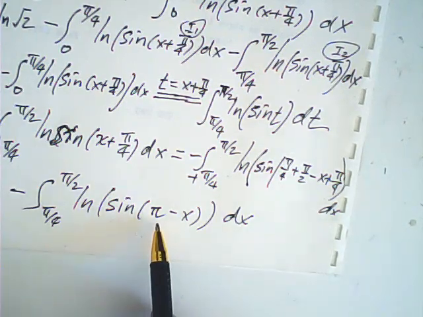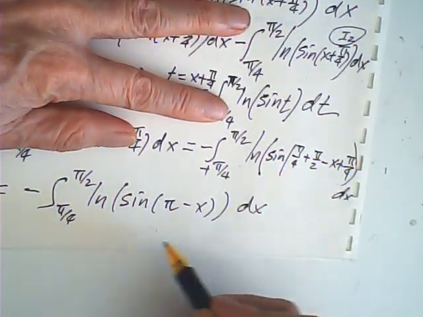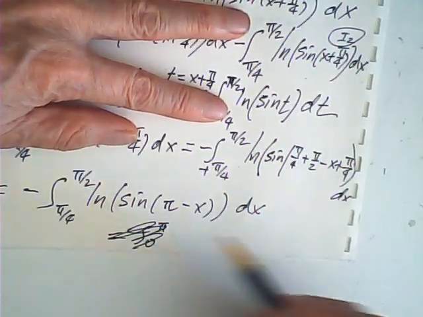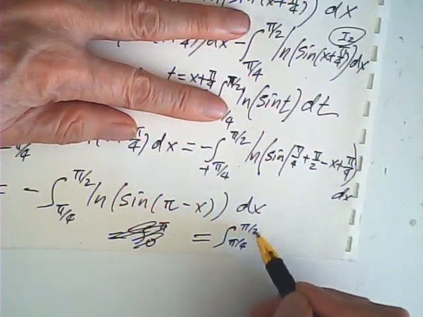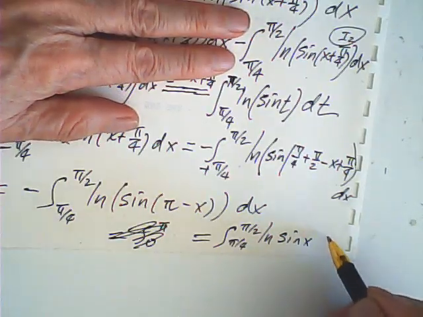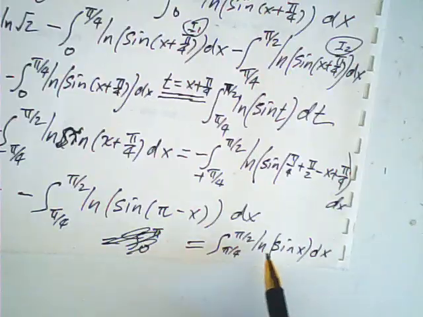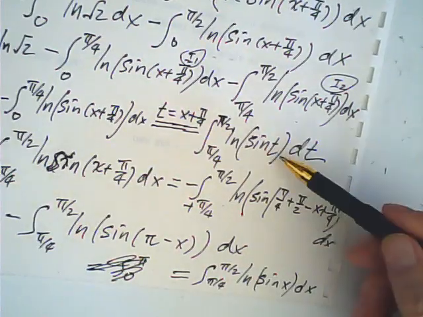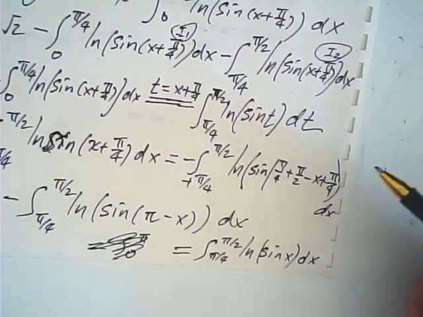Well, we know that sine of pi minus x is equal to sine x. So this one is equal to the integral from quarter pi to half pi of natural log sine x dx. Well, this is I2. This is I1. They are the same, except t and x, just dummy variables.